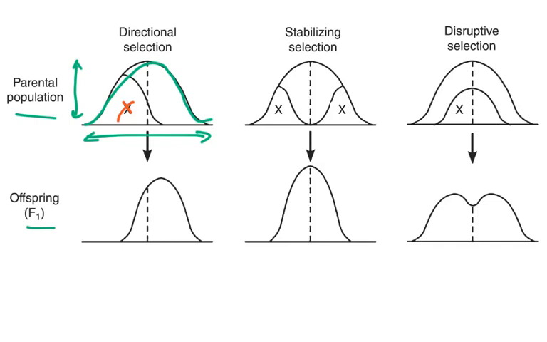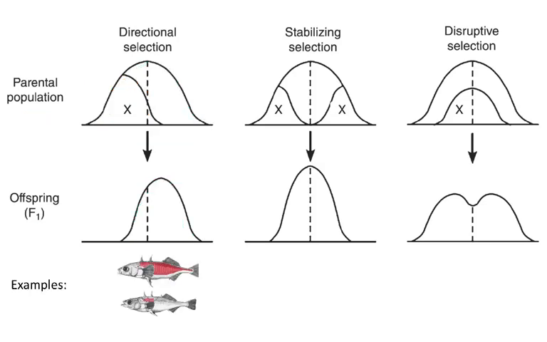So in this case for directional selection, because we got rid of the phenotypes on the left side of the curve, what we did is shift that to the right, and now we have a phenotype curve for the offspring that is directionally shifted, hence the term directional selection. But that's the way to read these different images shown here.